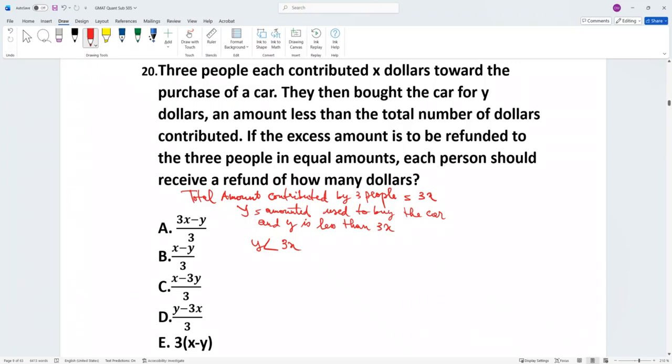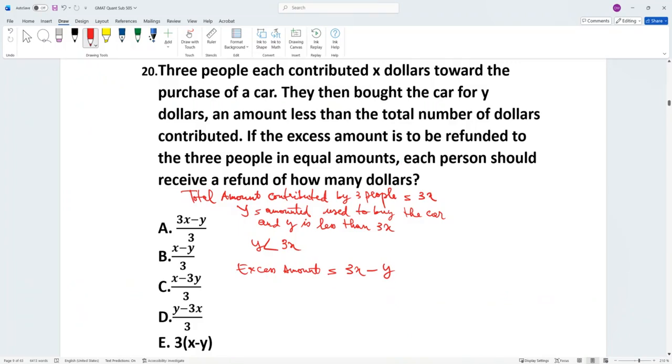And if the excess amount is to be refunded to the 3 people, now if we want to find the excess amount, since we know that y is less than 3x, the excess amount is going to be the total number of dollars contributed, 3x, minus the actual amount used to buy the car, which is y. So this is the excess.